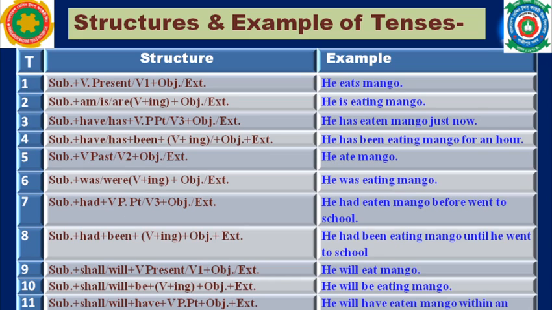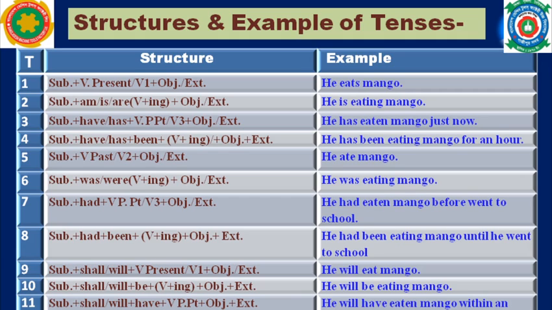That means he started eating mango at a certain period in the past, right? And it will continue until another action started. That means in the past, in the case of past perfect continuous, if there are two actions, one action will continue before another action starts. I hope you have understood, right?